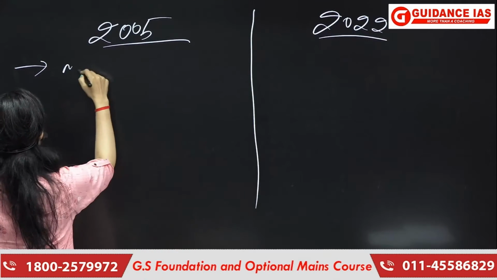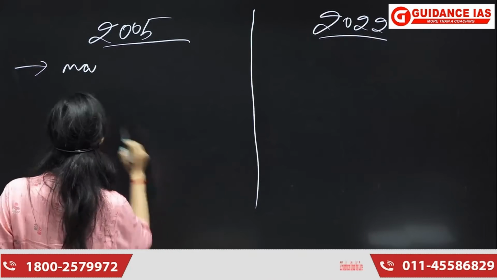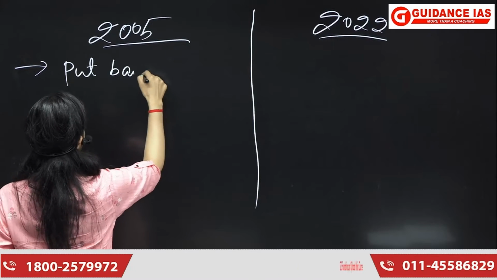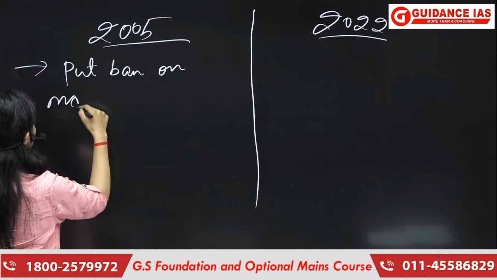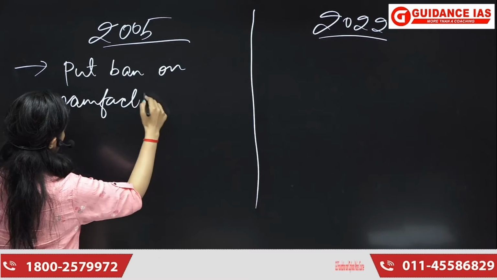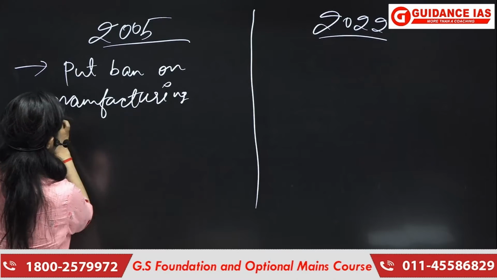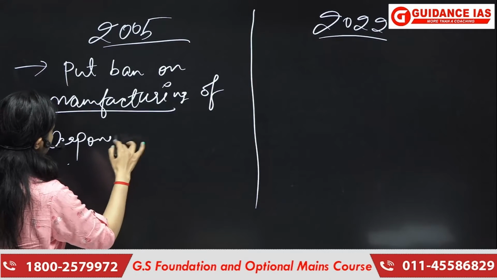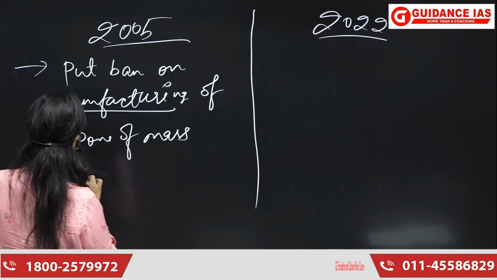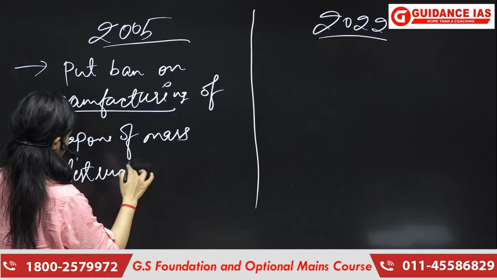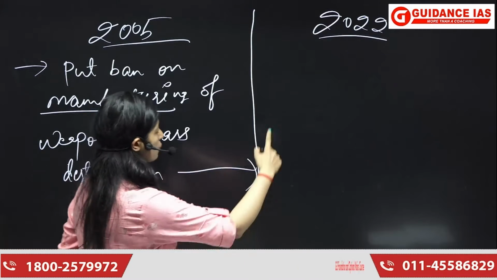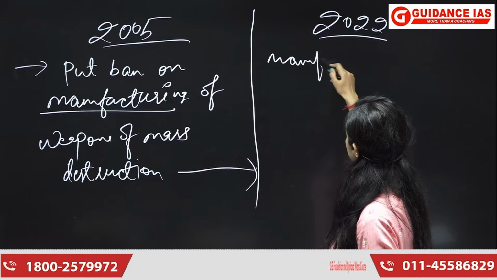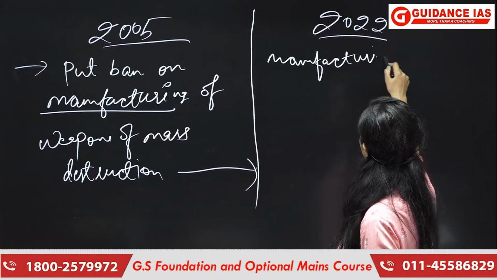We only put a ban on manufacturing of weapons of mass destruction, wherein what we did in 2022, we definitely, manufacturing was already banned, तो इसका तो कोई सवाल ही नहीं है.